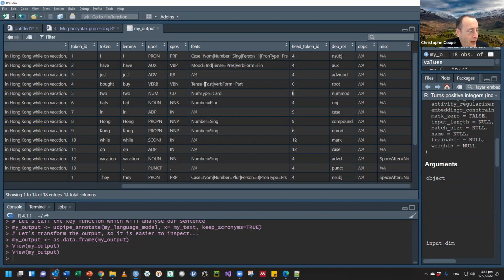So you see, you can analyze the grammar, and then you can also analyze the meaning. And by the meaning, I mean the lemmas. So what you could do very simply, if you have a number of texts, you could compute the lemmas, and then you could compute which lemmas are the most frequent.